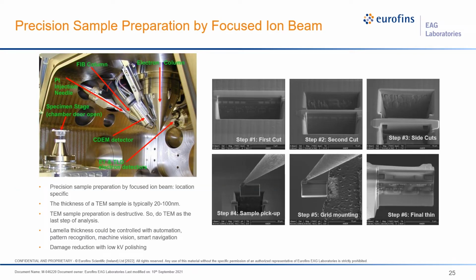Nowadays, for industrial solid state samples, maybe 95% of our samples are prepared by focused ion beam. Basically, you lift out the TEM lamella and visualize from the cross section, and you can choose where you want to lift out your sample, right?